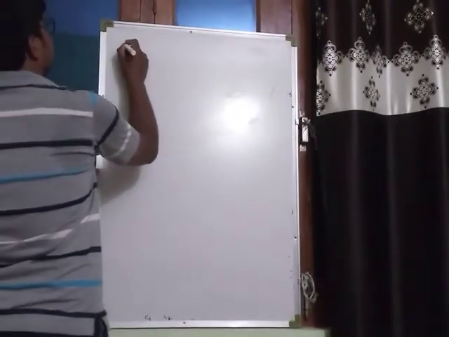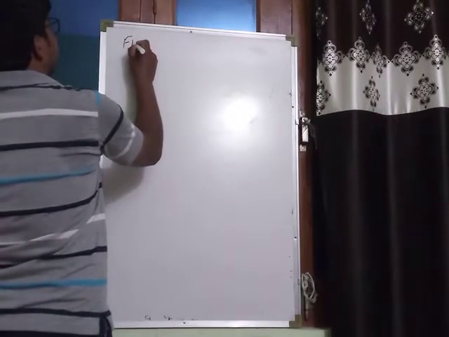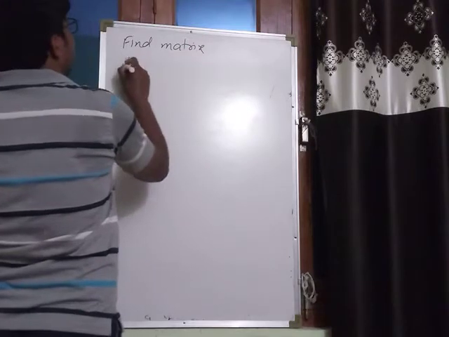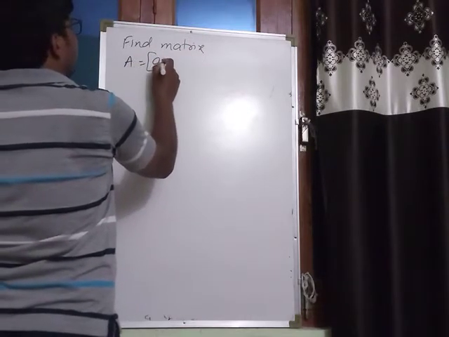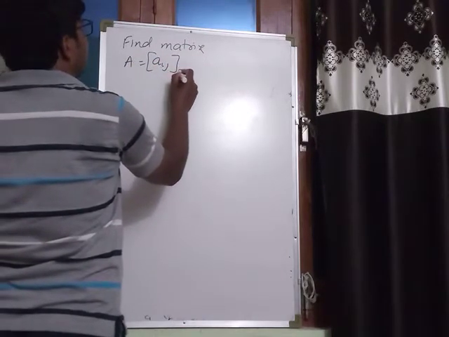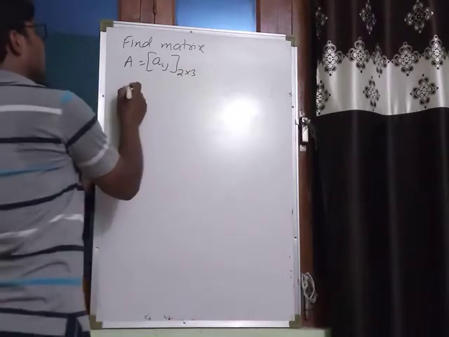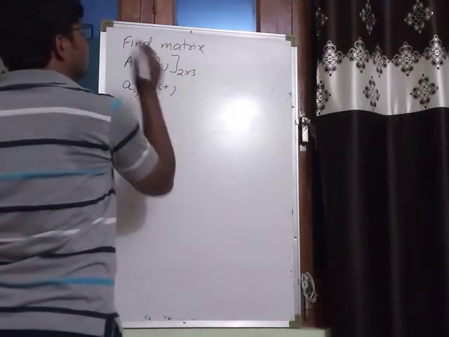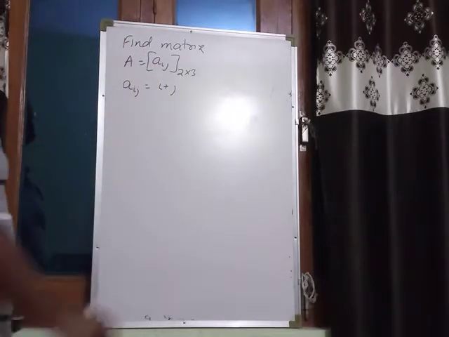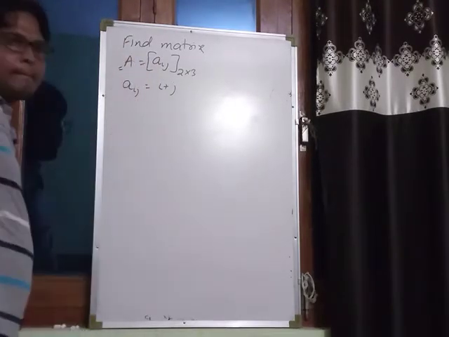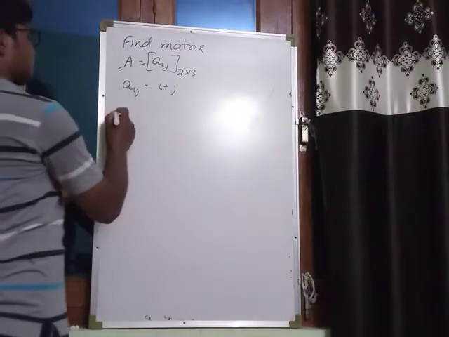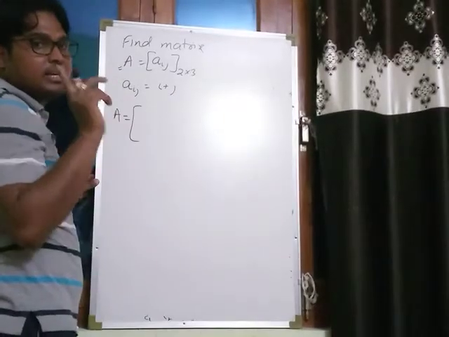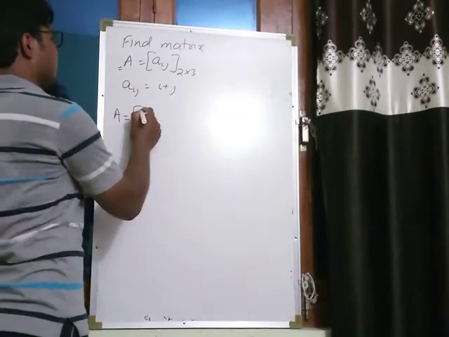जैसे, find matrix Aij of order 2 by 3, where Aij is defined as i plus j. Okay, then find matrix A. Clearly, A is of order 2 by 3, means there are 2 rows and 3 columns.